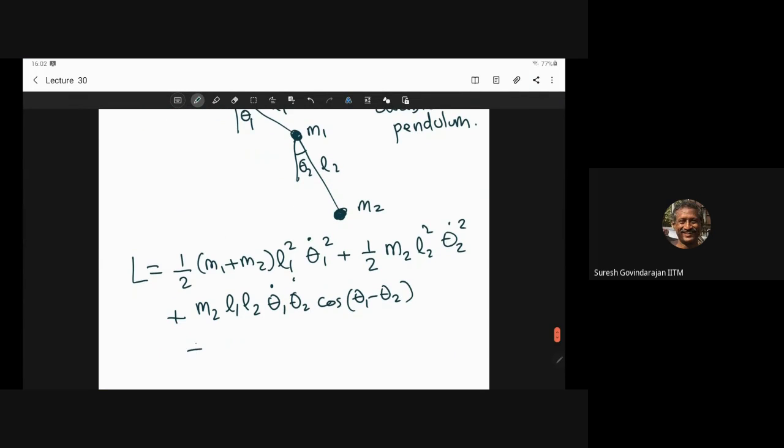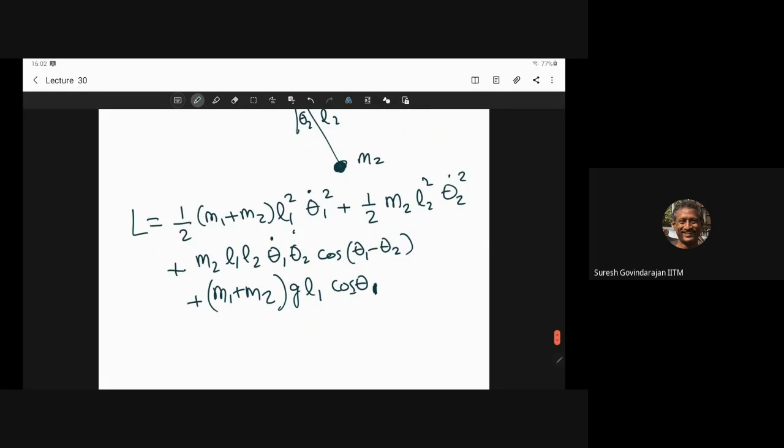I must say this is truly ugly. But the great thing about Lagrangian methods is that we don't need to worry too much about anything. So this is what we have.